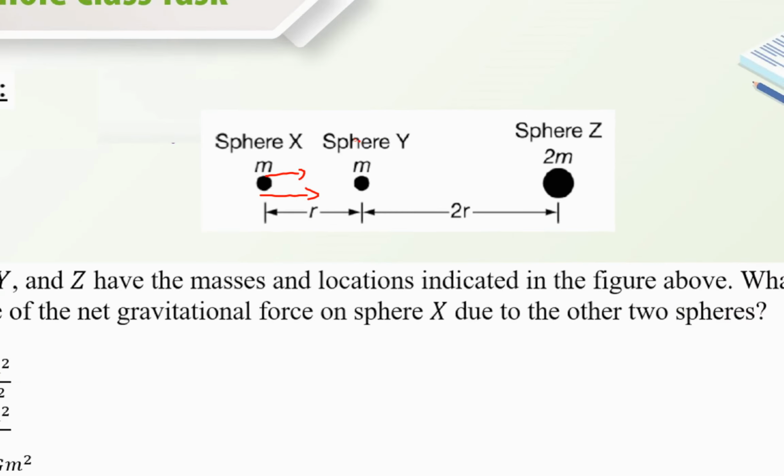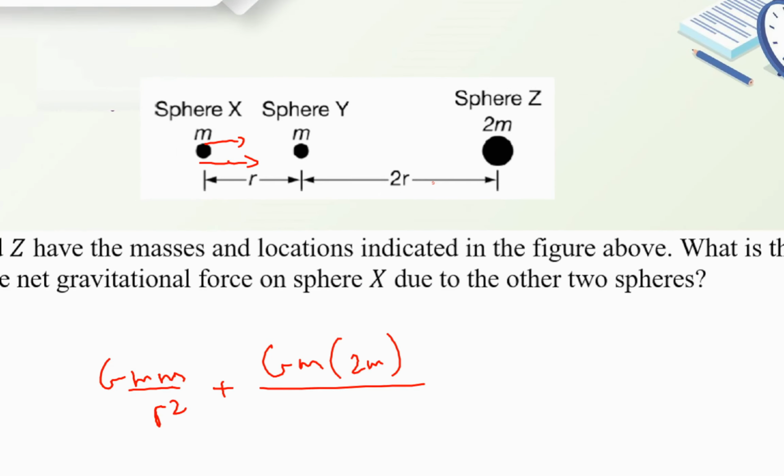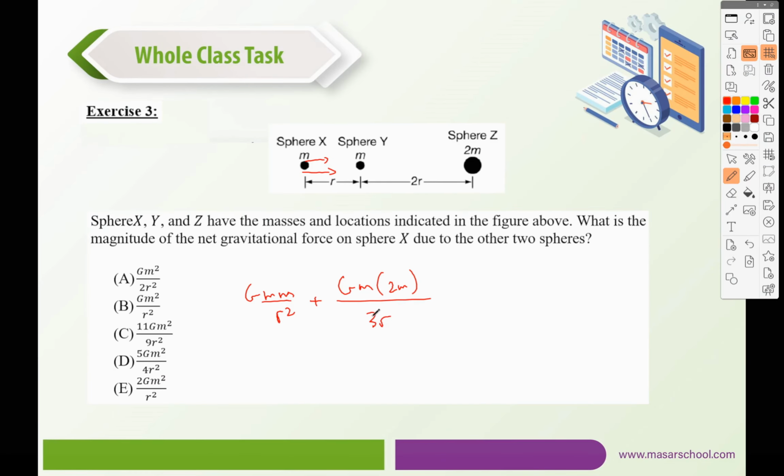So let me now start with Y on X, which is G m m over r squared, plus G m multiplied by 2m over the total distance from here to there, which is r plus 2r, which is 3r. Now we can factor out G m m over r squared.